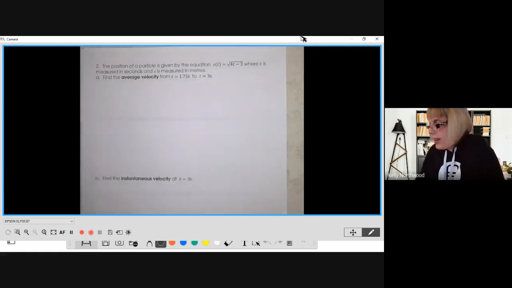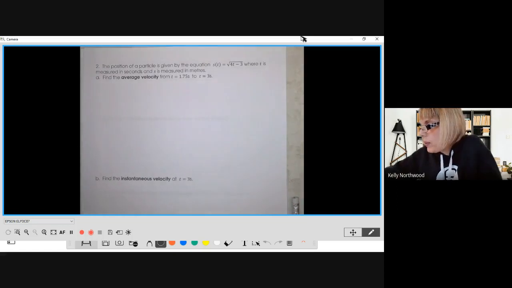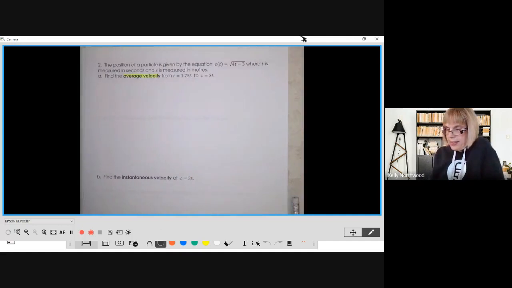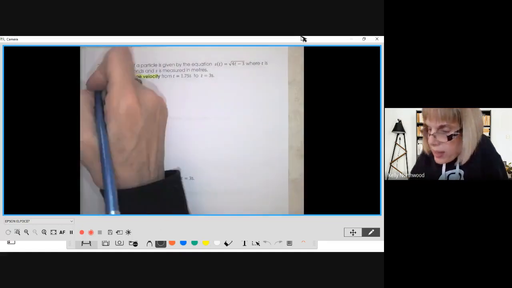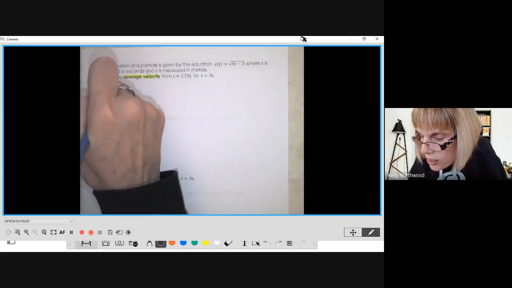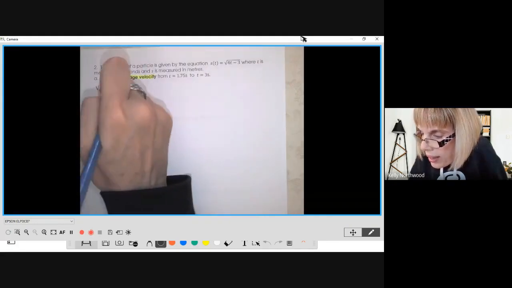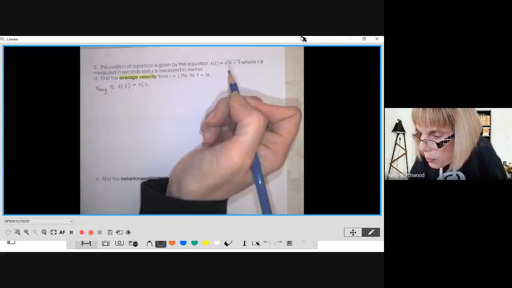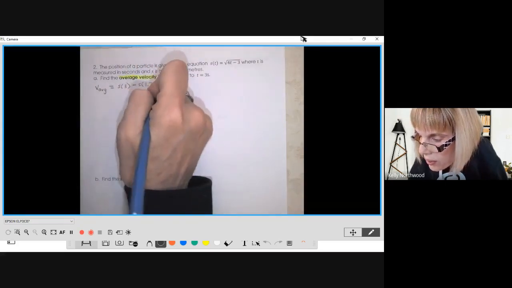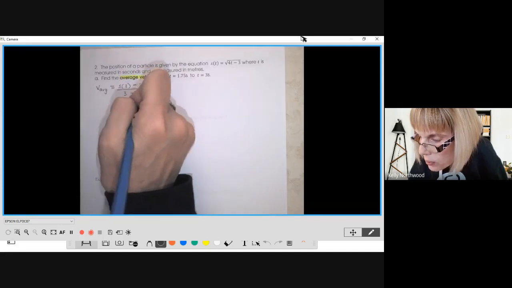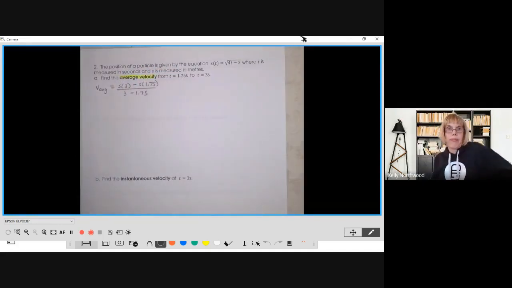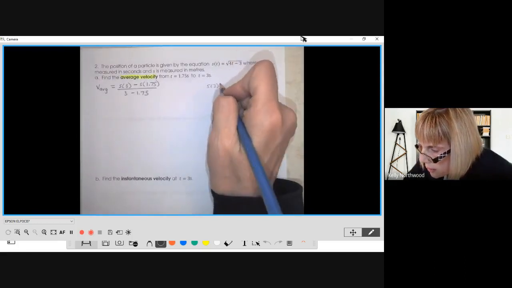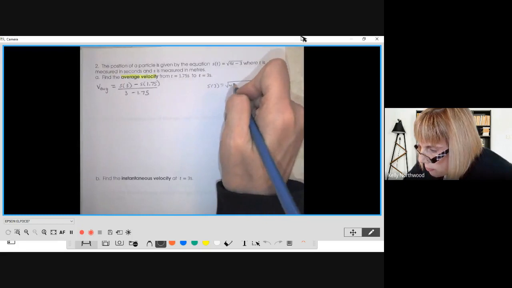Okay, so again, the important word in this one is that you're asked for the average velocity. So your setup is going to be the average is equal to s at 3 minus s at 1.75 over 3 minus 1.75. And then you're going to find s at 3 using your defining equation.